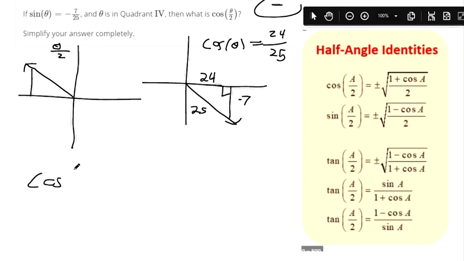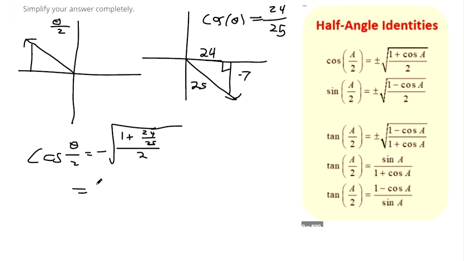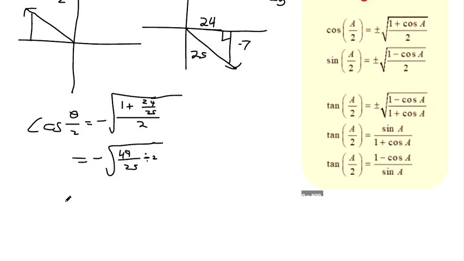So cosine of theta over 2, that's going to be negative, because from what we determined at the beginning, -the square root of (1 plus 24 over 25) over 2. And so when you simplify inside, this is 25 over 25, so you get 49 over 25 divided by 2. So if you flip and multiply, dividing by 2 means times 1/2, right? So that's 49 over 50.